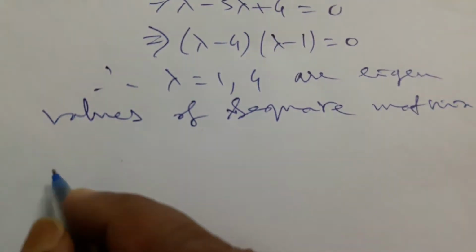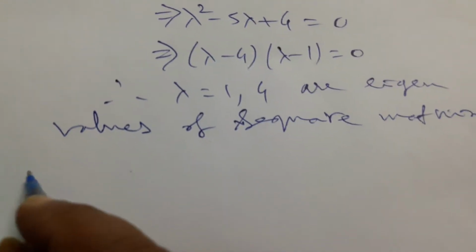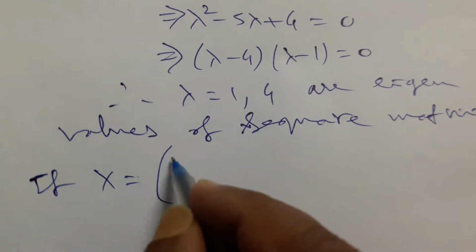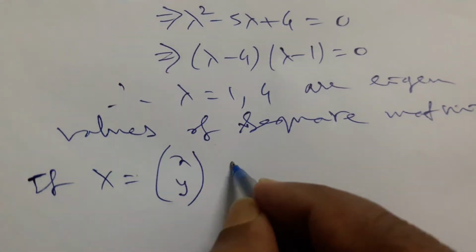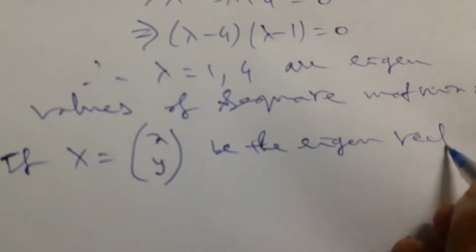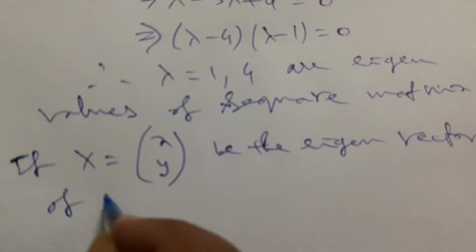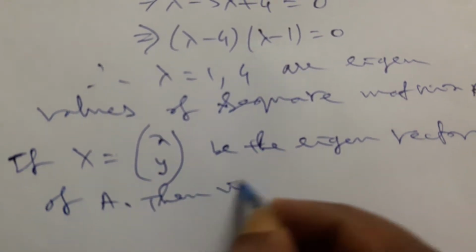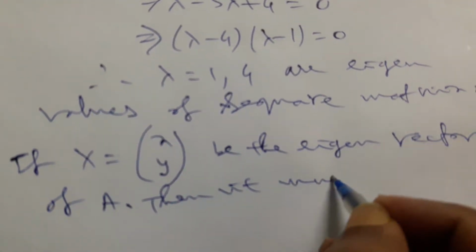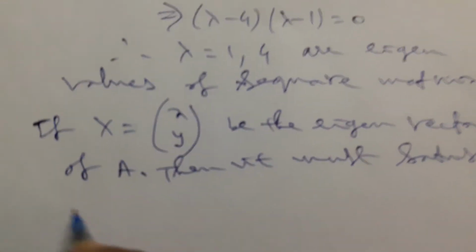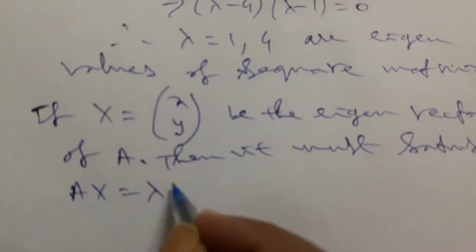The main property of an eigenvector is this: if we take the vector (x, y) of order 2 by 1 to be an eigenvector of matrix A, then it must satisfy AX equals lambda X, where lambda is the eigenvalue.